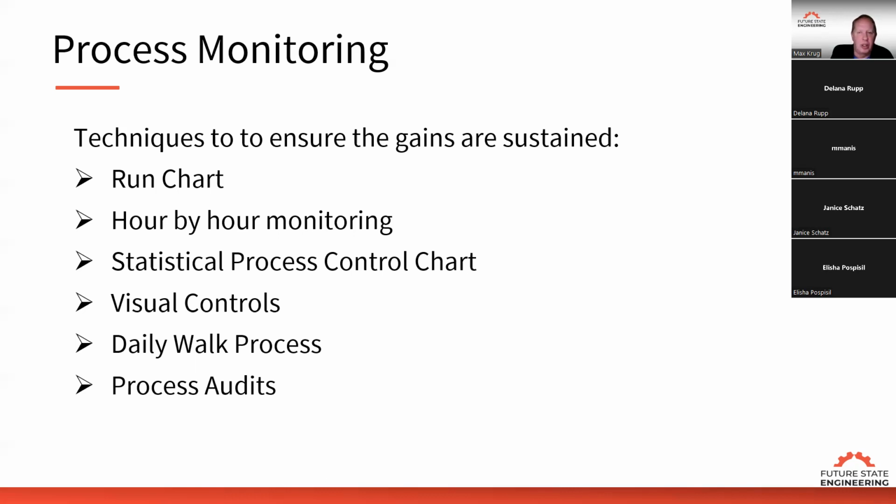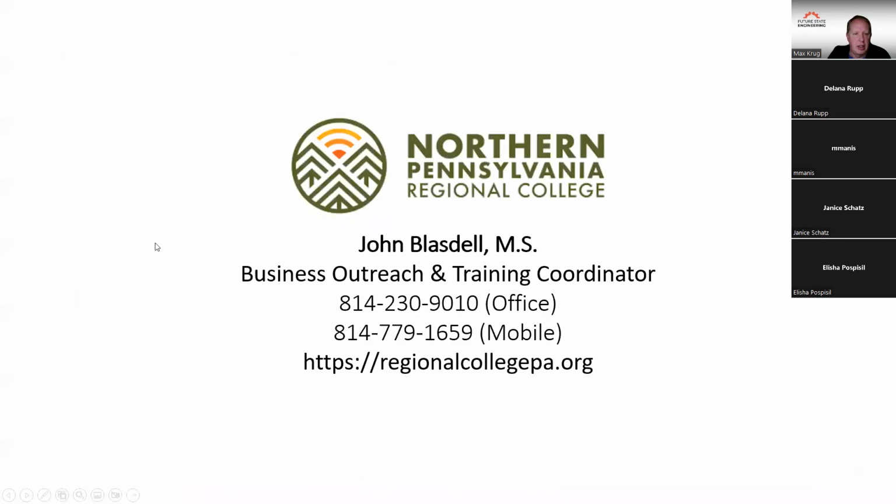Our returns for incorrect orders were cut in half, and we eliminated overtime. Those simple techniques using that hour-by-hour chart gave us the data and made us look at the process, and then we changed the process and improved the system. Extremely powerful techniques to sustain the gains.